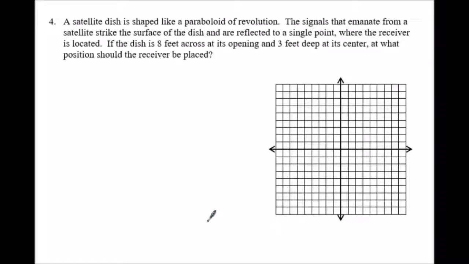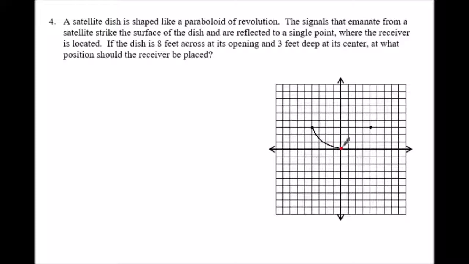So, to make our lives easier, I'm going to put the vertex of our satellite dish at (0, 0). We know that the satellite dish is 8 feet across and 3 feet deep, meaning that the ends of the satellite dish should be at (-4, 3) and (4, 3).